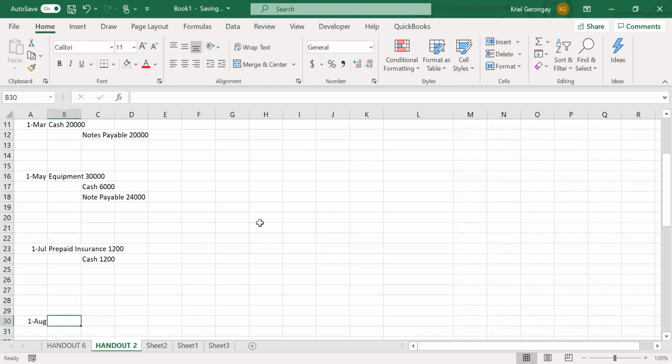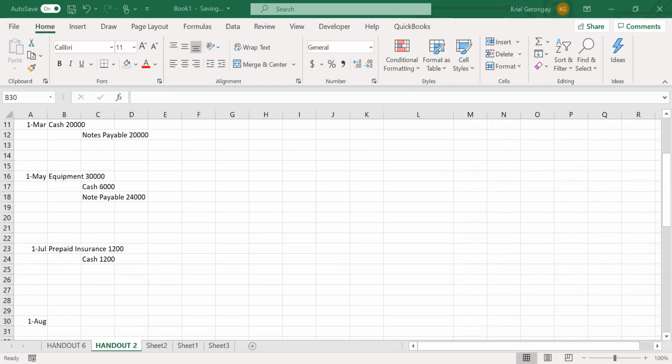And for August 1st, you sold land for $18,000. The purchaser made a $6,000 down payment and signed a 1-year 10% note for the balance. So this one is kind of like May 1st.